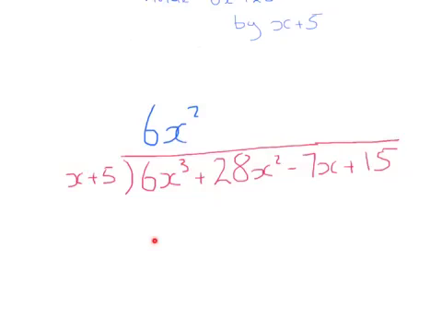But it also needs to multiply with the plus 5, so we need to see what effect that has. 6x squared times 5 gives me 30x squared. I know it's an x squared term, so it goes below, and it was positive, so 30x squared.